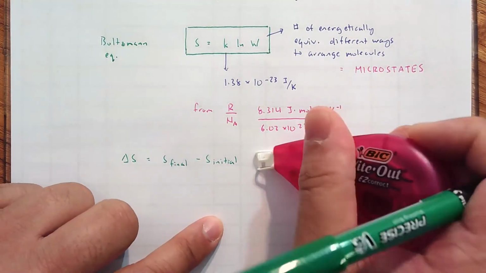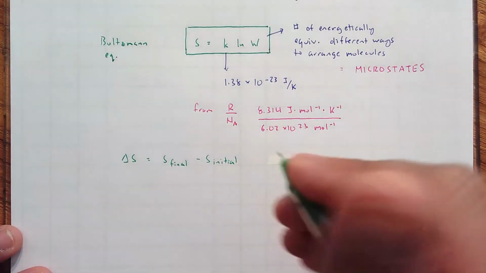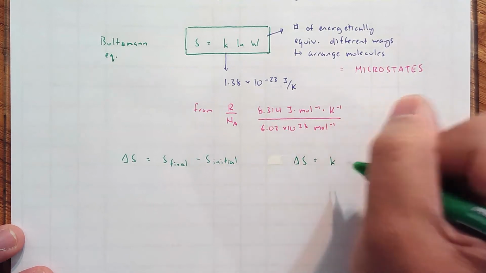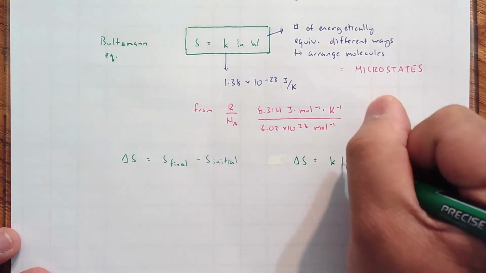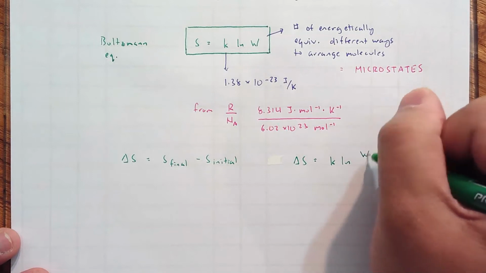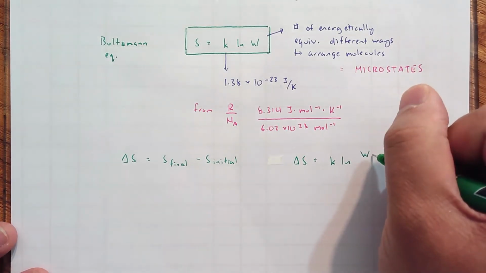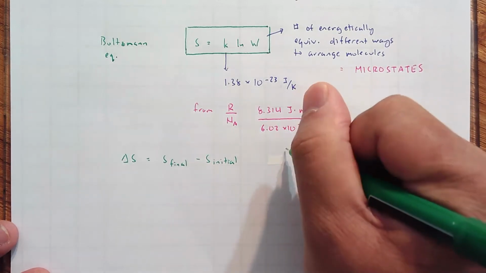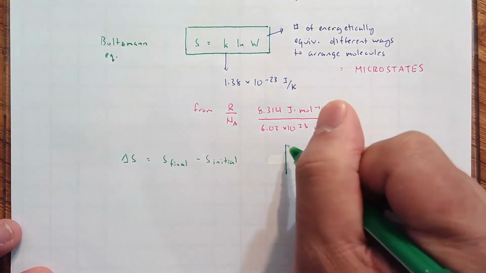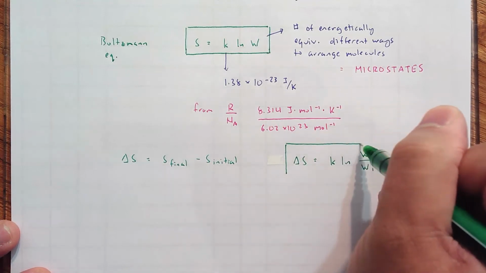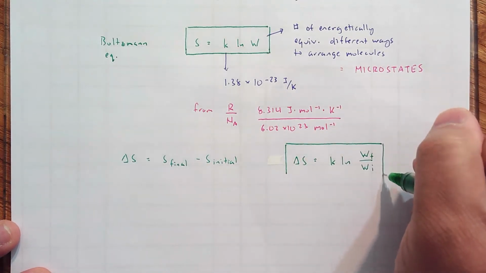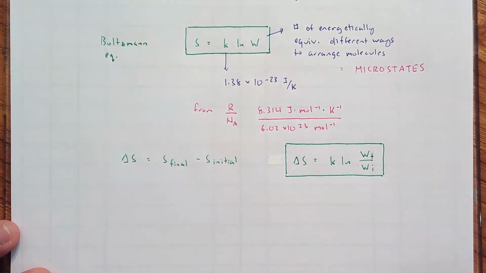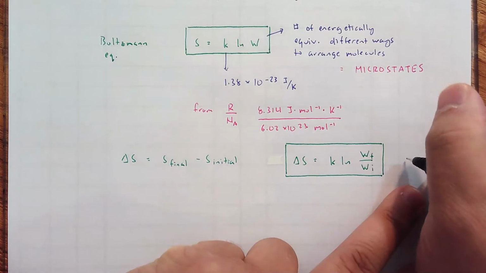Delta S equals k ln of the number of microstates final divided by the number of microstates initial. That's the equation that I would put on an equation sheet. This is the equation we'll be using for problem 1.